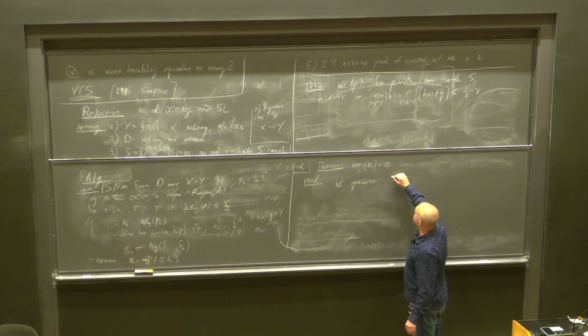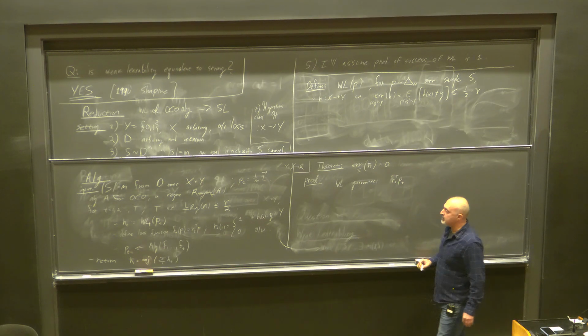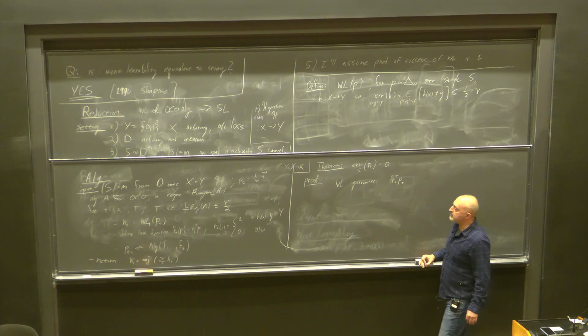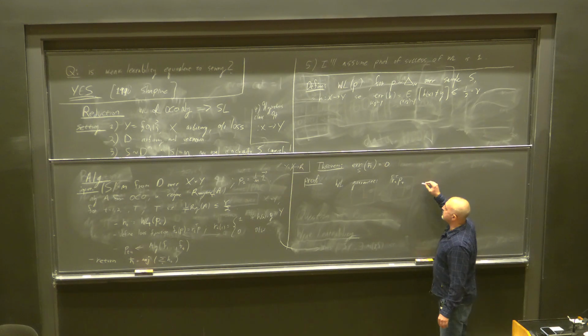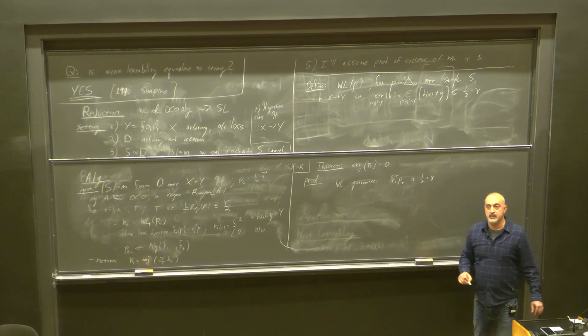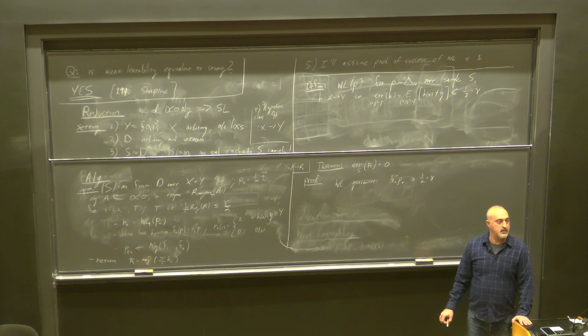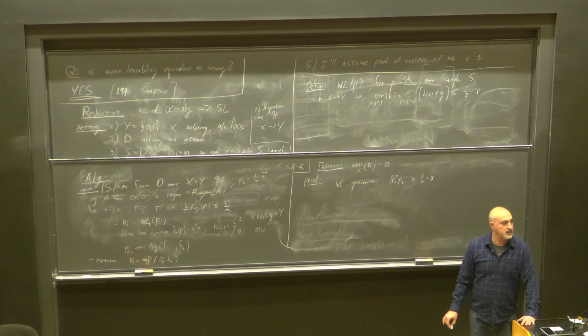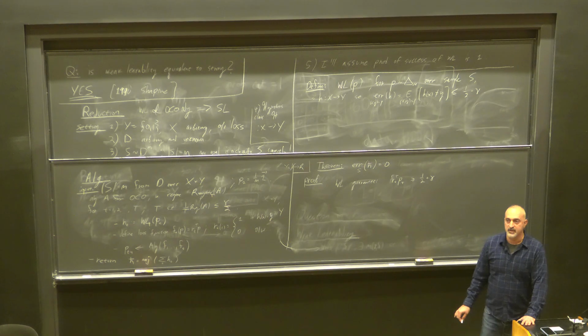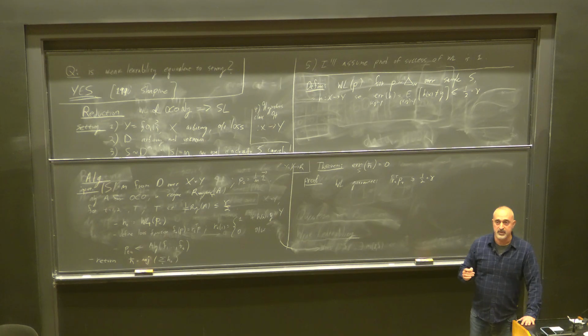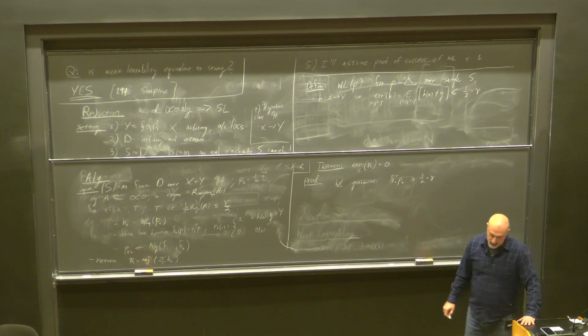If I look at R_t transpose P_t, this is at least half plus gamma. Why? It's just the opposite of that expectation. Exactly, right? It's one minus that expectation. Okay, very good.